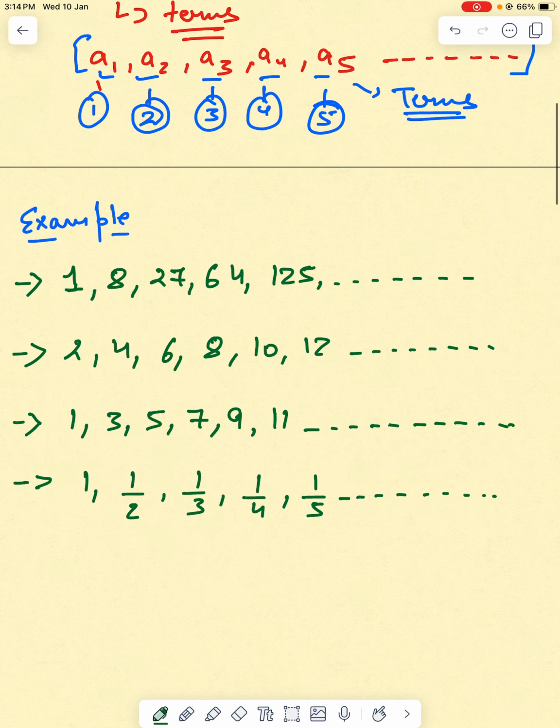I have written some more examples here for your better understanding. This is also a sequence arranged in ascending order. According to which rule? Can anybody guess? This is the cube of natural numbers.